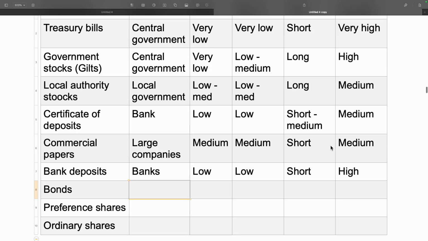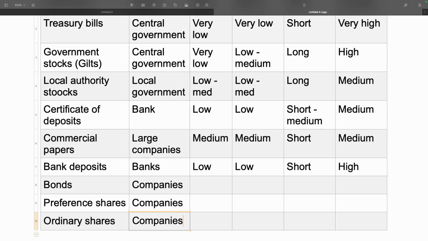Bonds and all of this are issued by the same party, companies. In terms of risk, this one is, bonds also medium, remember.